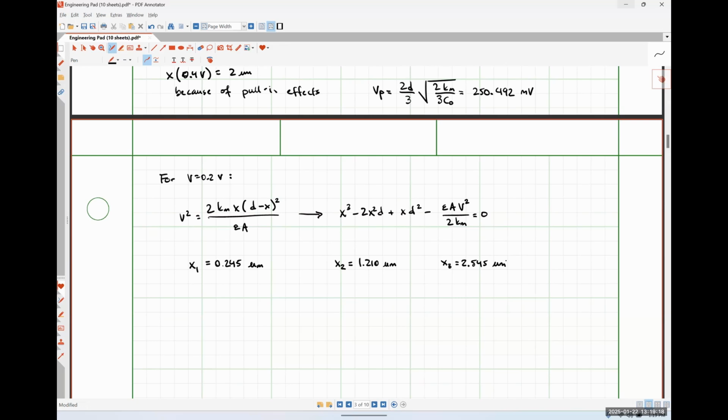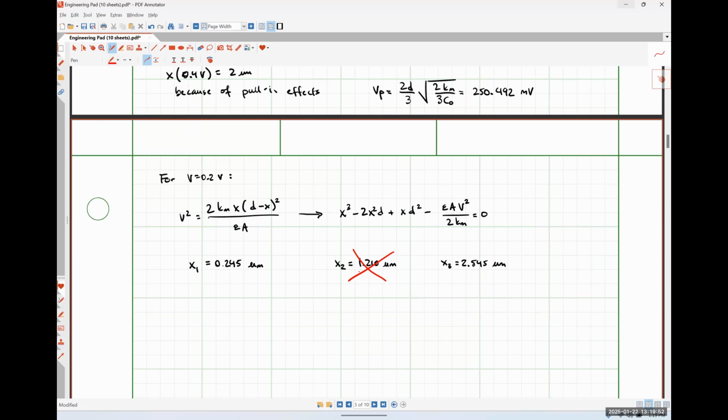So I want you guys to reason out which of these 3 is the actual answer here. Our first guess is X2. So what's our nominal gap distance? 2 microns. So is 1.21 divided by 2 microns greater than 1/3 of D? Yes, which means that's not the right answer, right?